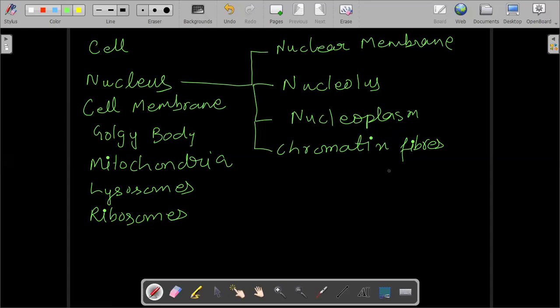The chromatin fibers are thread-like structures found inside the nucleus. During cell division, these thread-like chromatin fibers become thick in their structure, and we call them chromosomes.